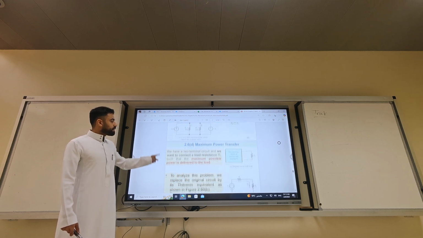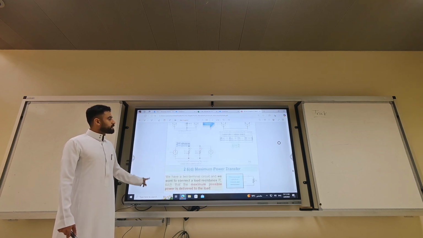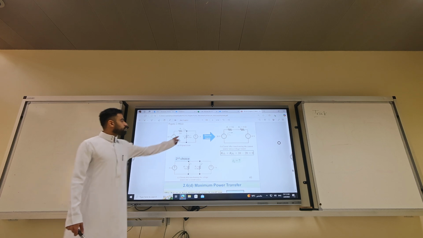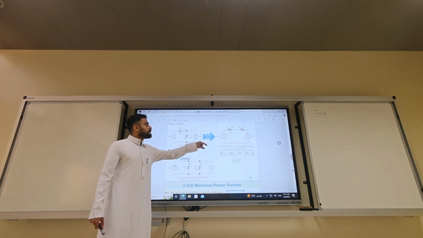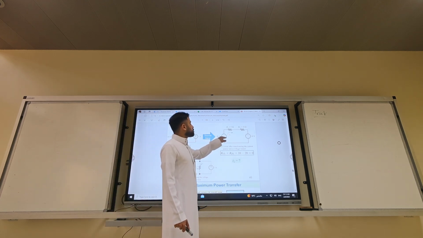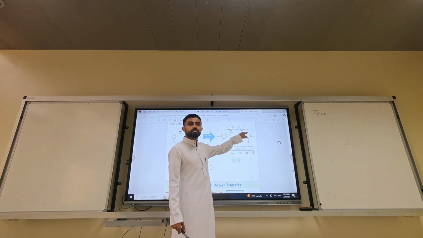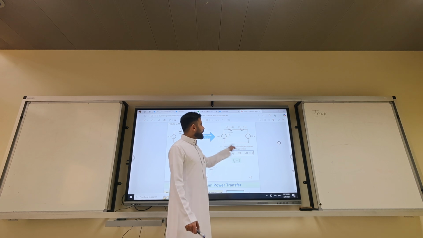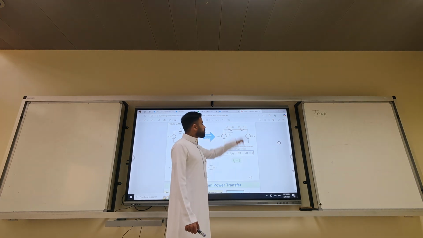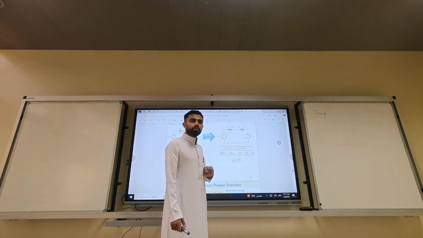We did an example for source transformation here, where we transformed the Norton equivalent to Thevenin, and then we calculated I1 to be 20 minus 10 over 5 plus 10. Get it? If you don't want to do it, you can do a KVL, draw the mesh clockwise, then you can calculate I1.